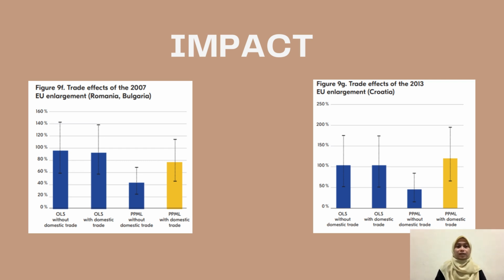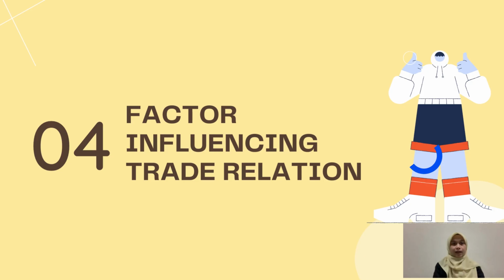Last graph, which is 9G. According to the new gold standard estimate, trade between the EU and Croatia increased by 190% as a result of accession. The strong result is particularly notable because the post-treatment period is only 5 years, from 2013 until 2017.